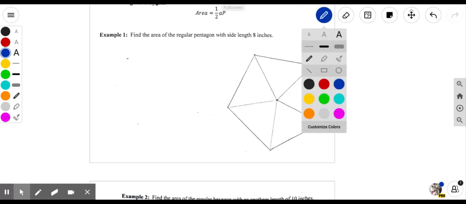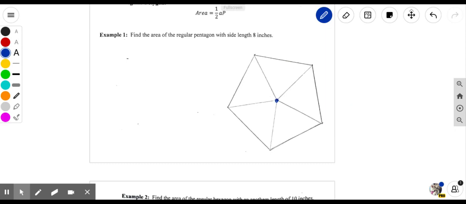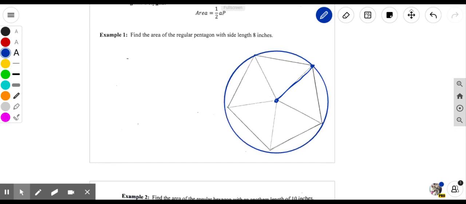The radius is from the center to the edge, because if you were to put a circle around it, which I don't know if this is going to work. Let's see if it makes a good one. Oh, decent. So that's what a circumscribed circle is. The corners are supposed to be on the circle, but I did my best. So the radius of the circle is also the radius of the polygon.